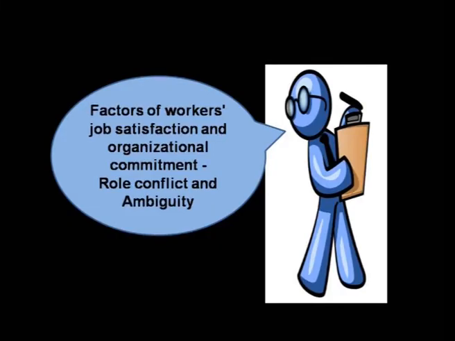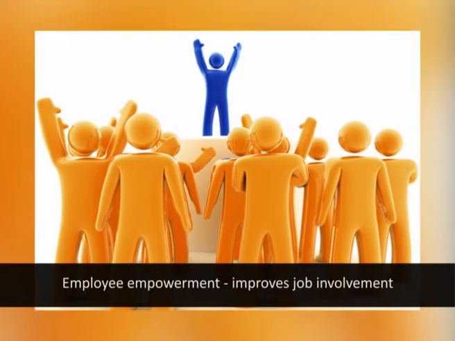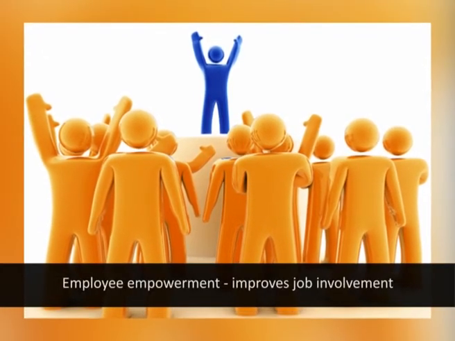Role conflict and ambiguity have been proposed as determining factors of workers' job satisfaction and organizational commitment. Therefore, by helping out the employees to avoid role conflicts and ambiguities, low work involvement can be avoided to a large extent.